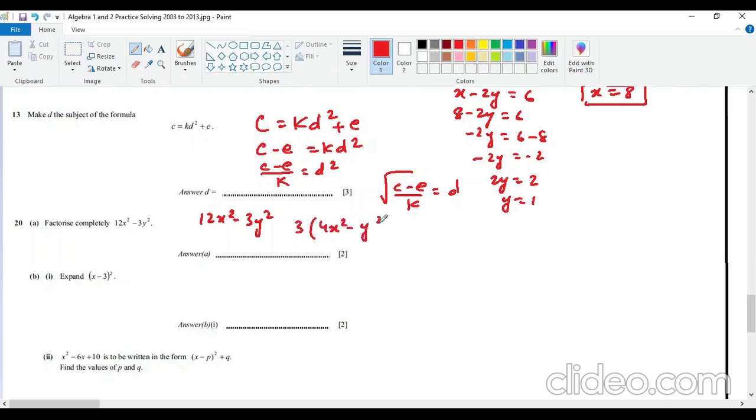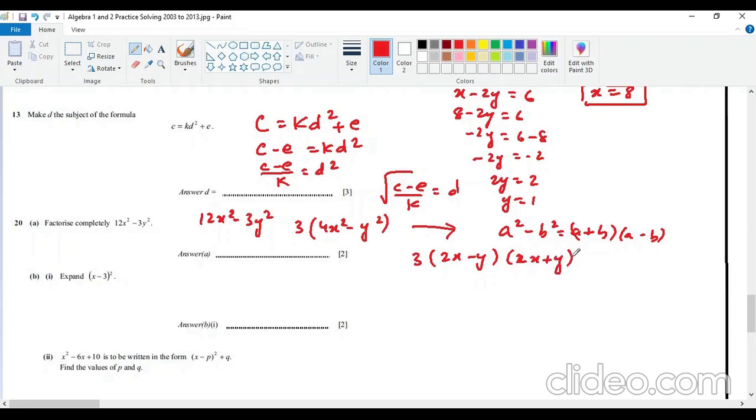I know very well that this is going to be using a square minus b square formula, in which a plus b and a minus b is going to be the answer for it. So what I will write is 3, in the first bracket I will write 2x minus y, and the other bracket I will write 2x plus y. This is going to be a final answer and you'll get full marks.